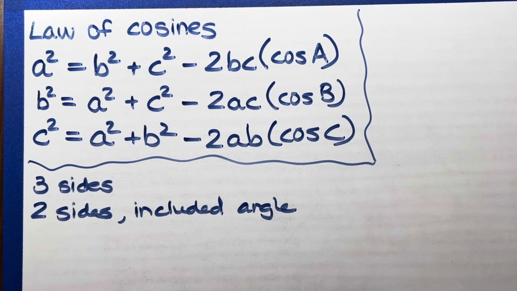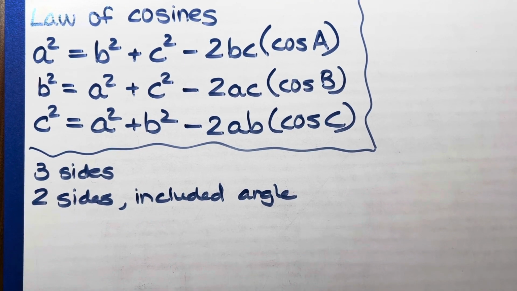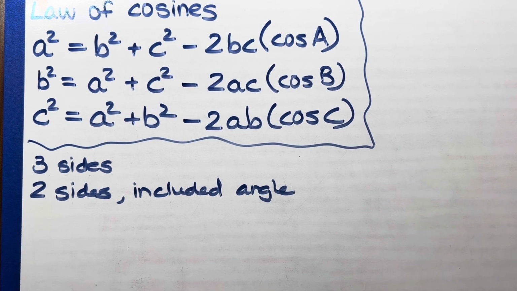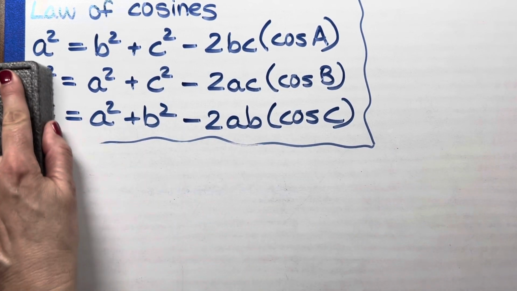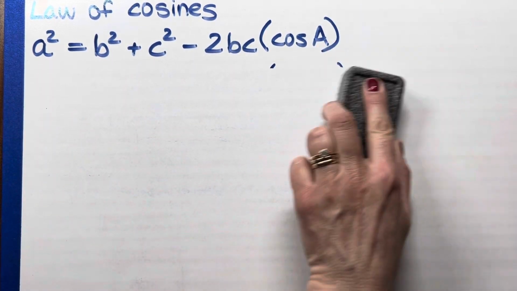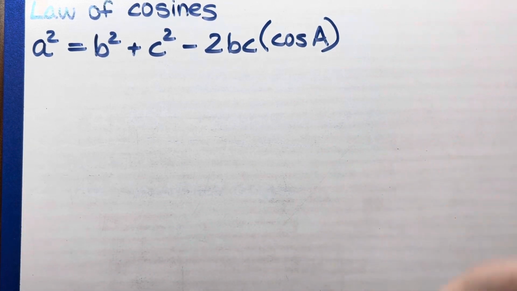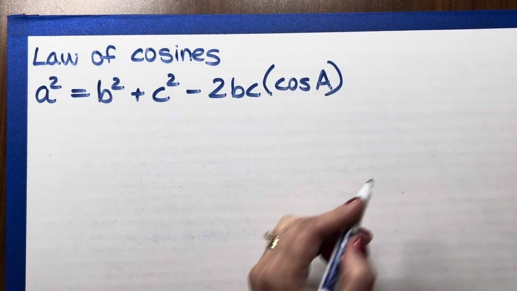So for this, it may be useful to draw a diagram when you're doing it and label everything to determine whether or not the law of cosines would be an appropriate formula for you to use for your problem. So I'm going to get rid of a little bit of this. I'm going to leave our original formula, and I am going to draw a diagram for you.